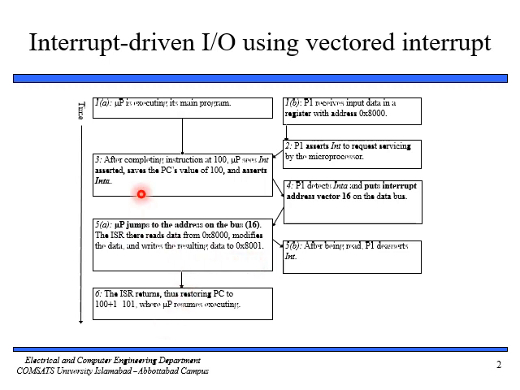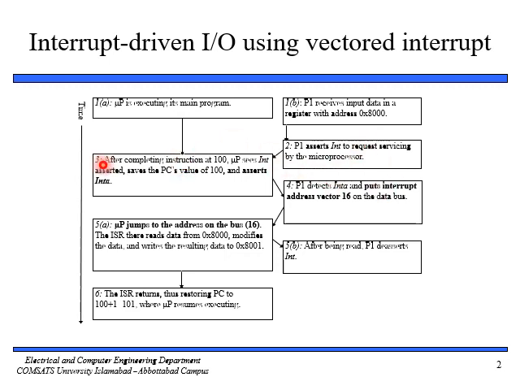What happens? In the first cycle, the microprocessor is executing its main program, similar to what we were doing before. In 1B, port 1 receives input data in the register with address 0x8000. In 2, P1 asserts interrupt to request servicing by the processor.